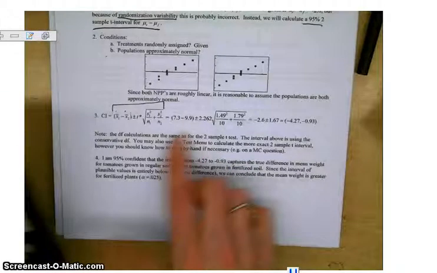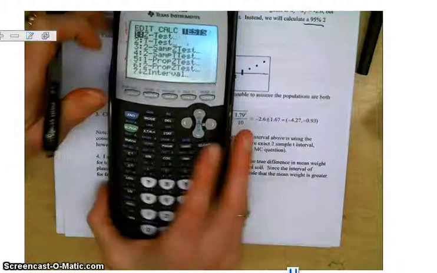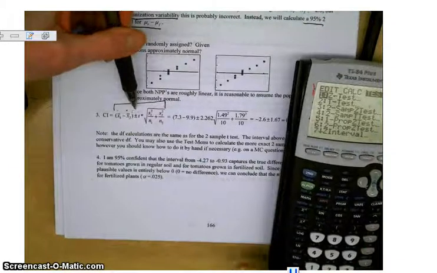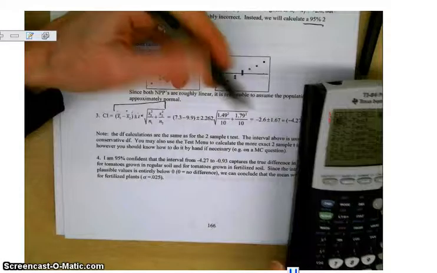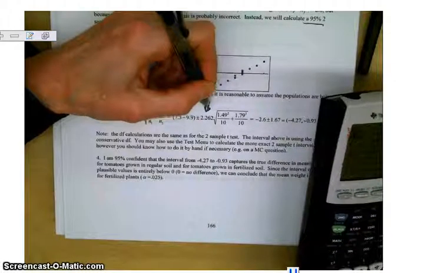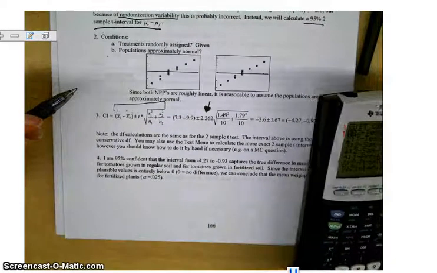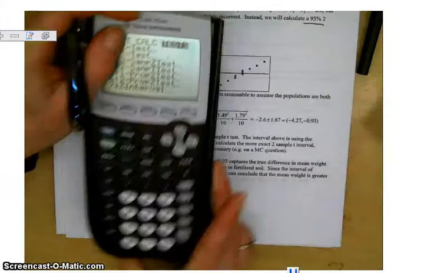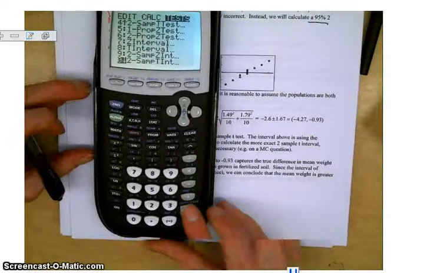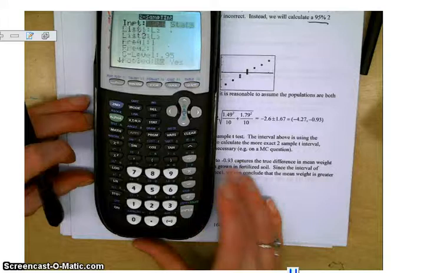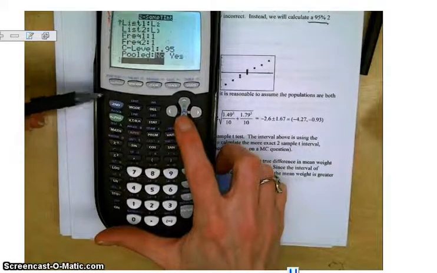So if I want to type all this information into the calculator, you're going to go to Stat Tests. You still need to write down the formula or the formula with the numbers plugged in. The problem with this though is that it could be a little different, because of the degrees of freedom. All right, so I'm going to do a T interval, two-sample T interval, and I actually have the data, and it's in list 2 and 3. Frequency is 1, 95, not pooled.